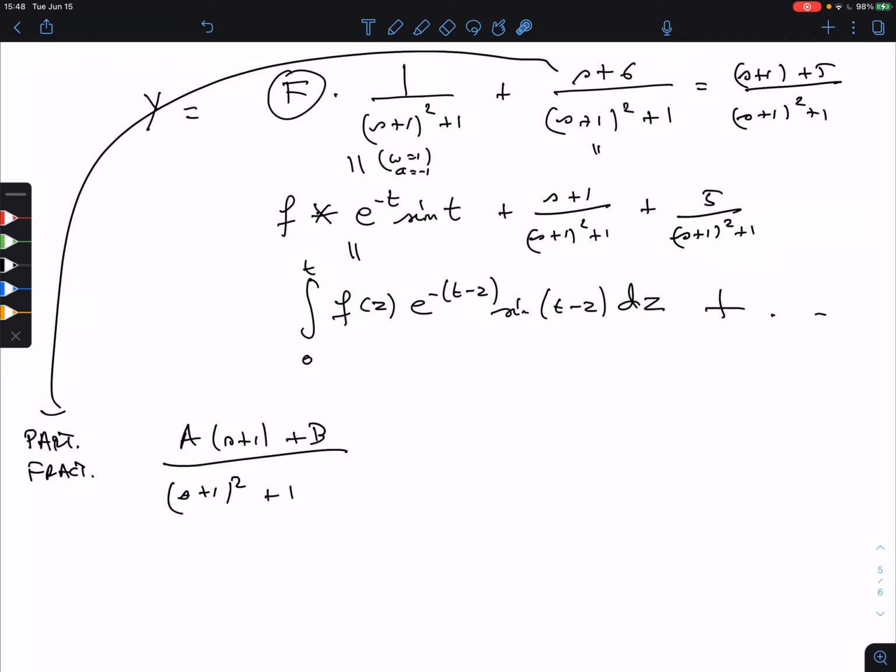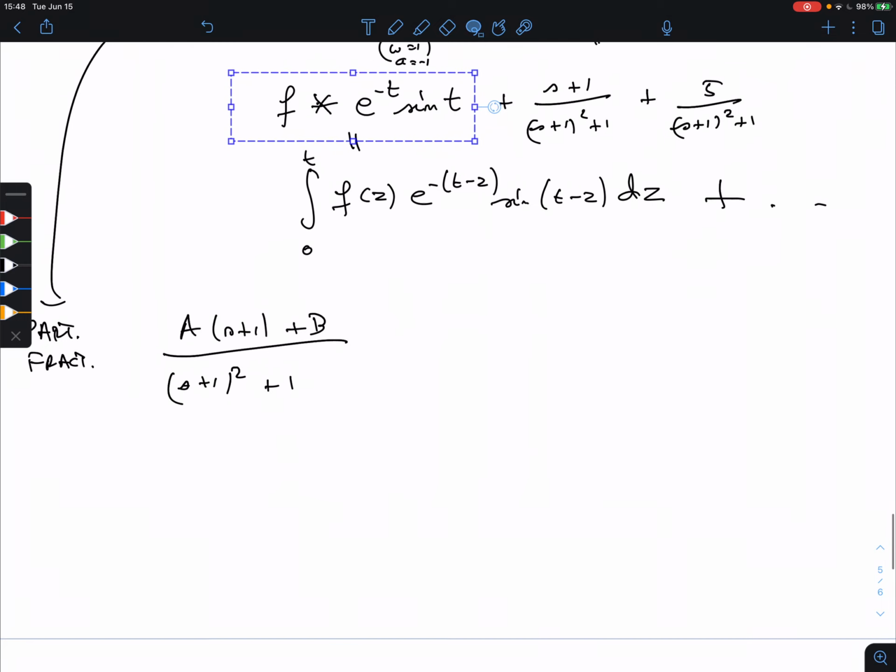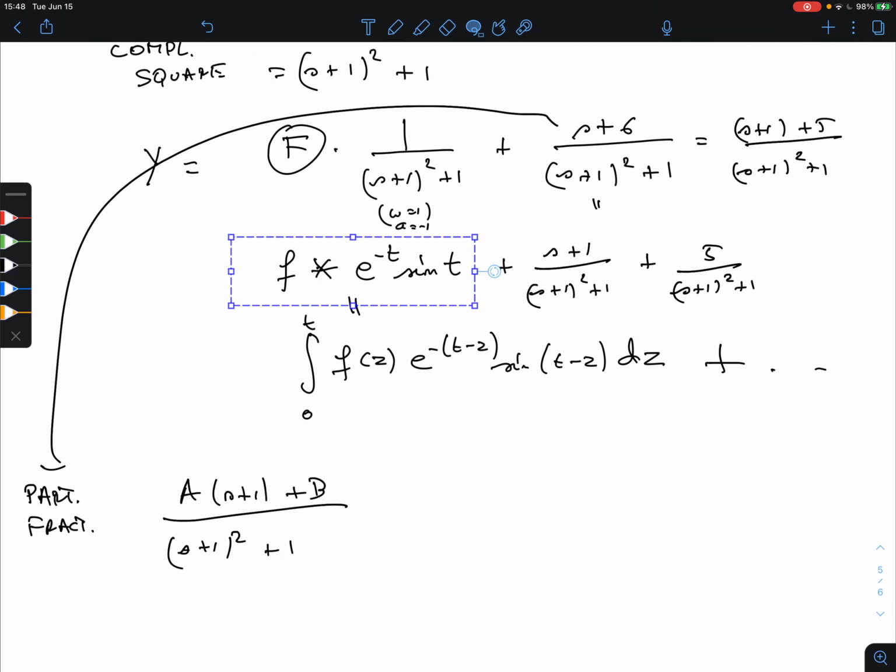Oh, okay, sorry, I should not write equal here. I have to be careful with what I wrote here. So this is not equal. Let me fix this a little bit.